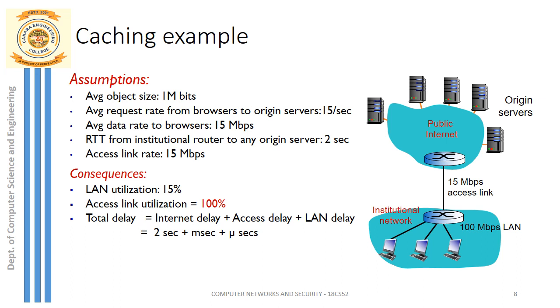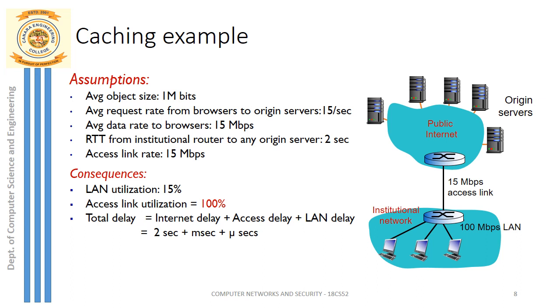We consider that a client from the institutional network makes a request for an object with the size of 1 megabit, and the average request rate from the browser to the origin server is 15 objects per second. That means 15 objects are requested by the client from the origin server.